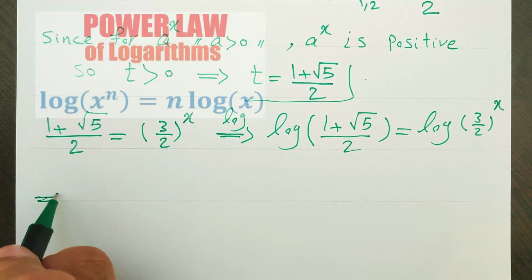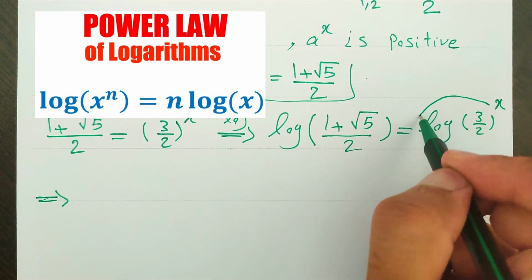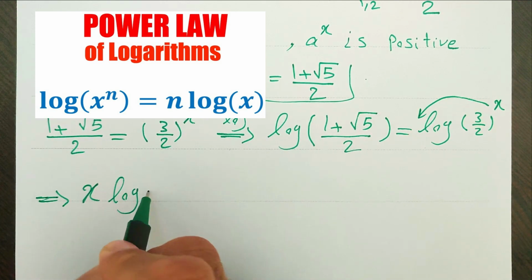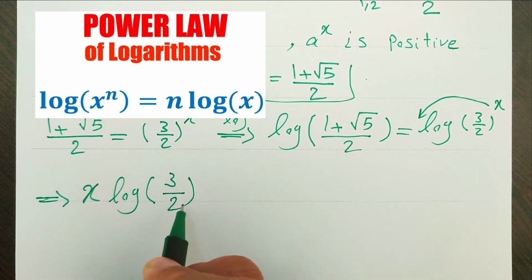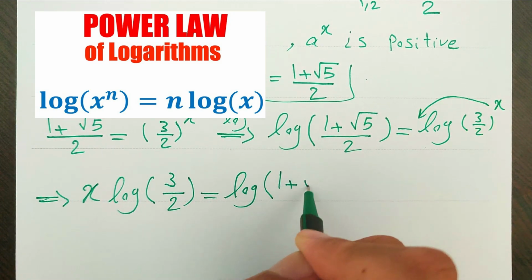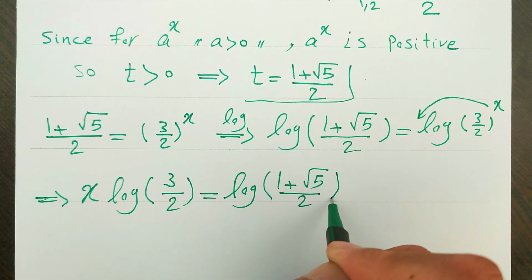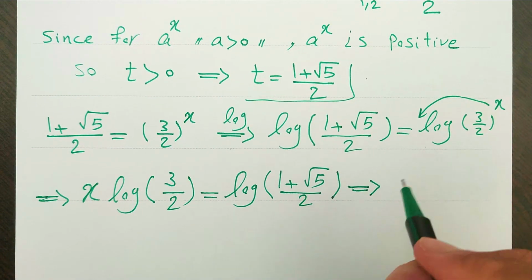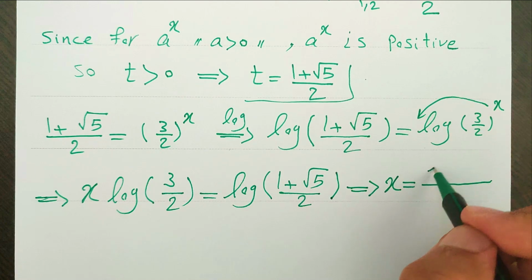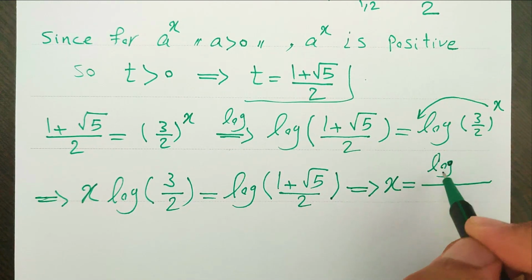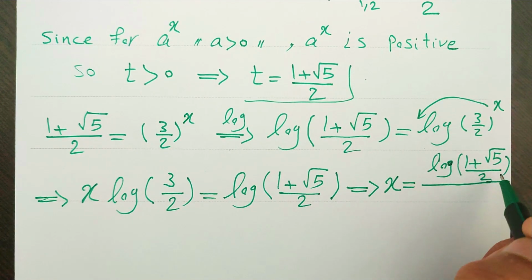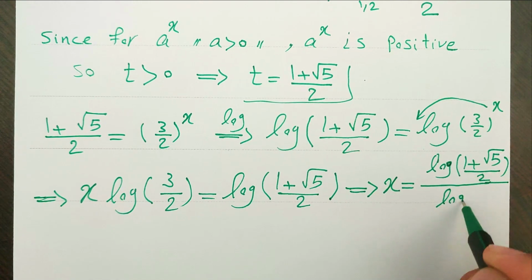By using the logarithm power rule identity for the right hand side, we have x times log of 3 over 2 equals log of 1 plus the square root of 5 over 2, which simplifies to x equals log of 1 plus the square root of 5 over 2 whole over log of 3 over 2, and that's it.